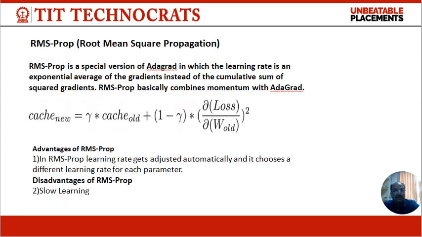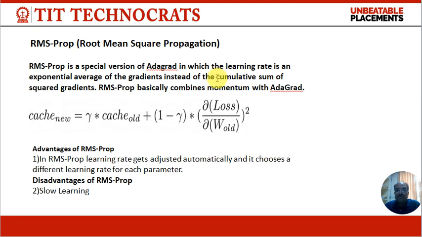So next we will discuss RMSProp, root mean square propagation. RMSProp is a special version of AdaGrad in which the learning rate uses an exponential average of the gradient instead of the cumulative sum of squared gradients.